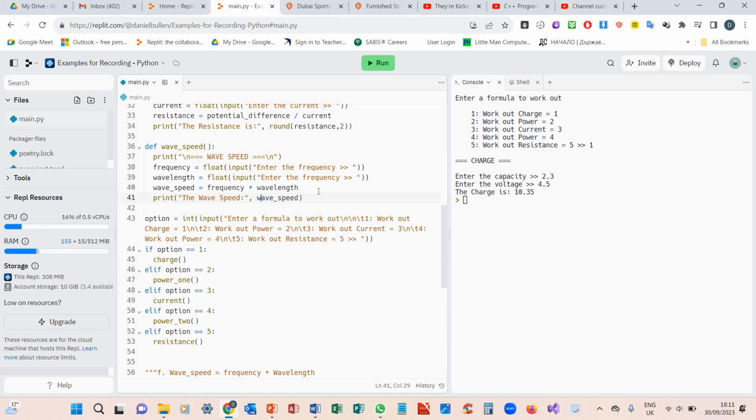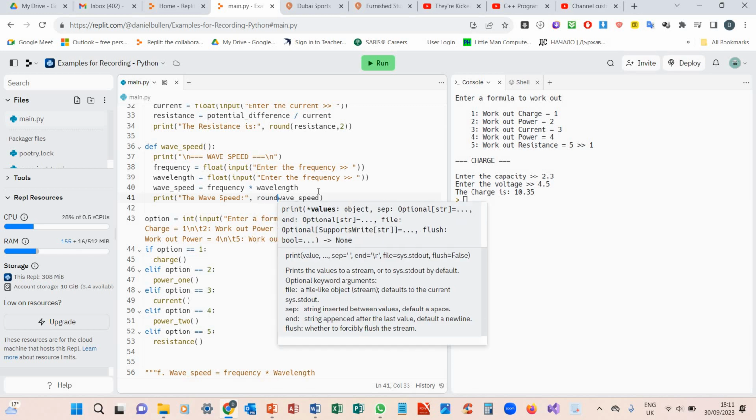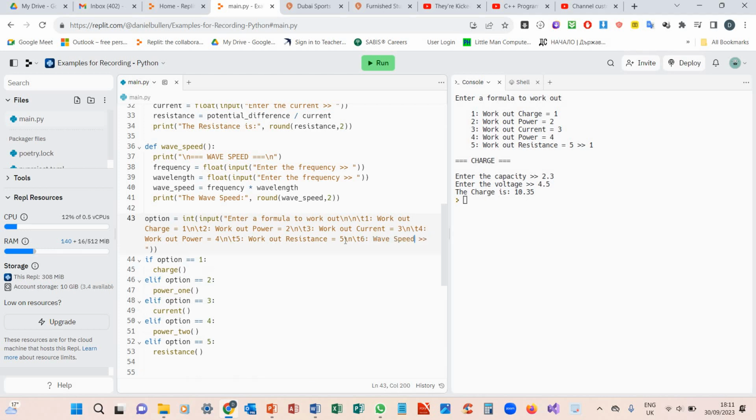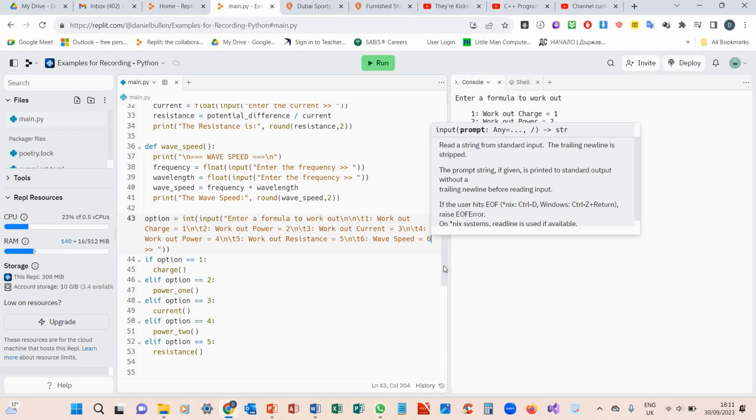What we might want to do is round this, use the round function, and we're going to round that to 2 decimal places. And then what we're going to do here is we're going to do \n\t, and we're going to have number 6, we're going to have wave speed. And there we go.